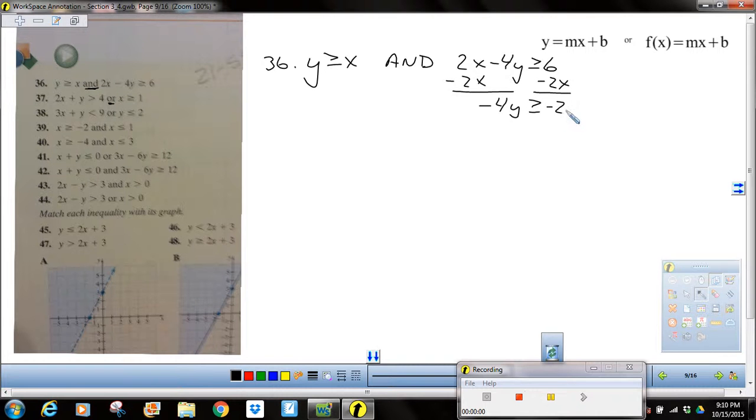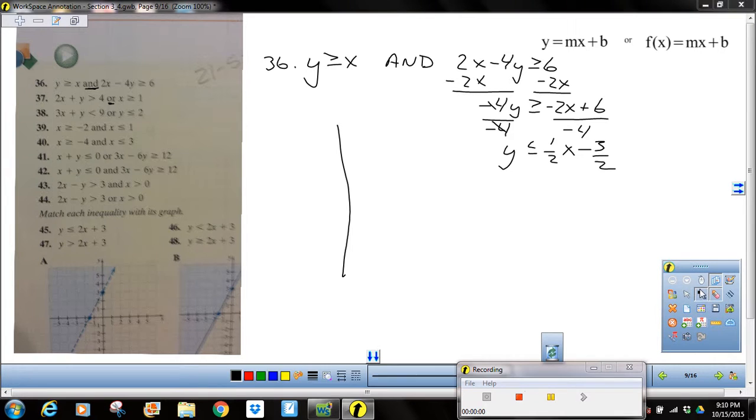It has a negative in front of the y, so I'm going to end up dividing by negative. That will cause me to reverse my sign. Now that I have both, oh, that's nice and straight.